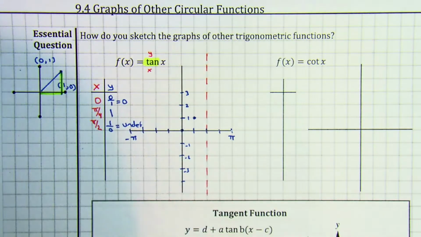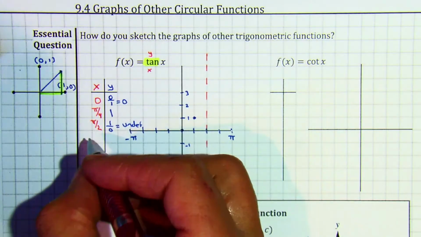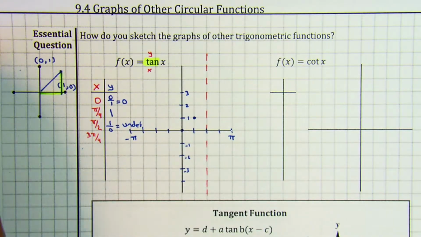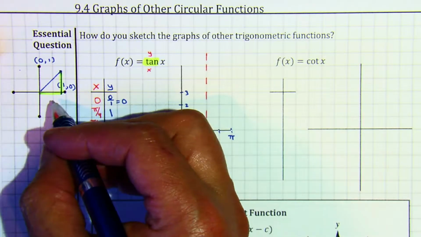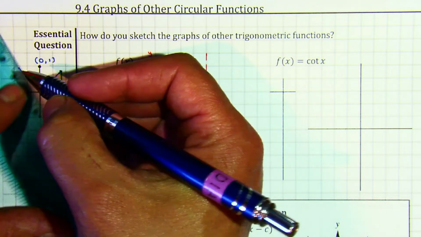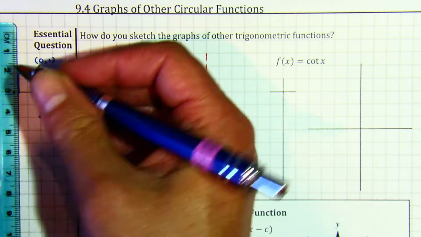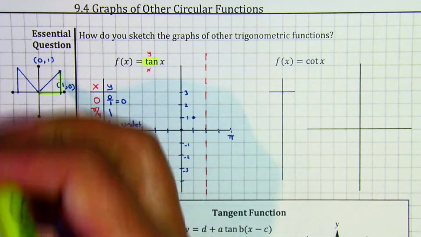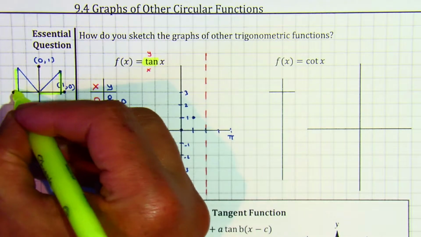3 pi over 4. But at 3 pi over 4, it's actually going to give us another part of the graph, which will be the y over the x.